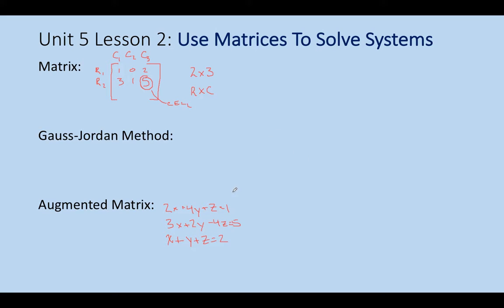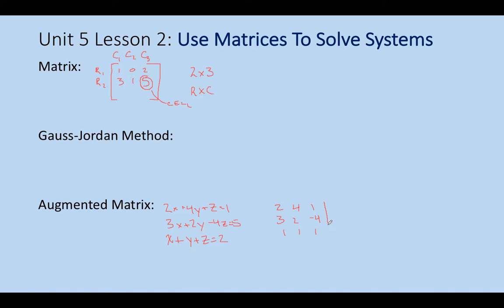Well, what you would do here is you would just take all the coefficients, drop the variables, and just plug that into a matrix. So I'd say 2, 4, 1, and then 3, 2, negative 4, and 1, 1, 1.